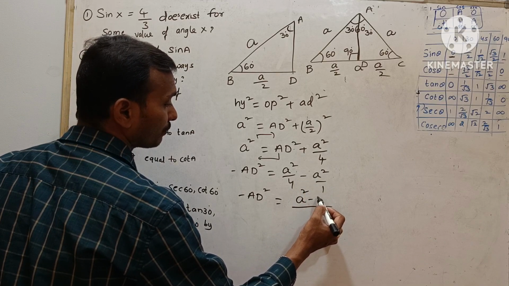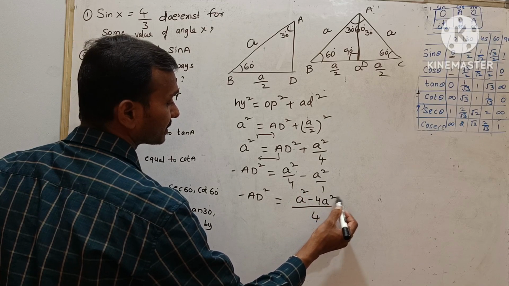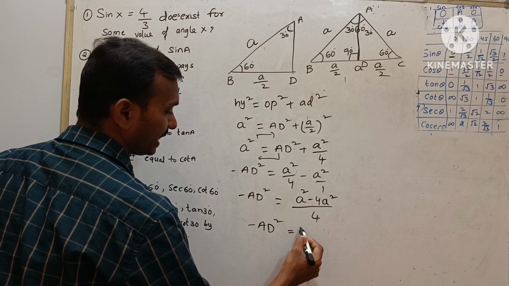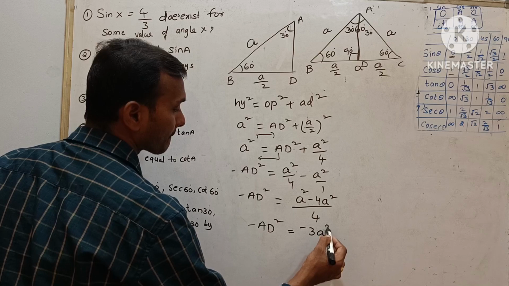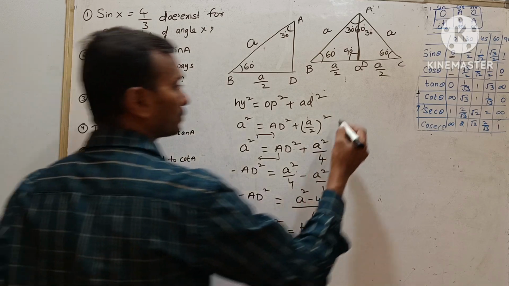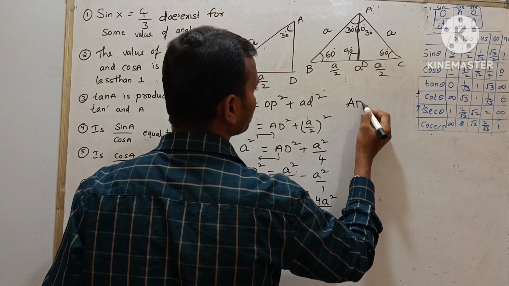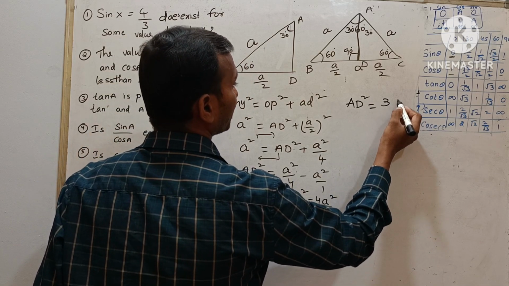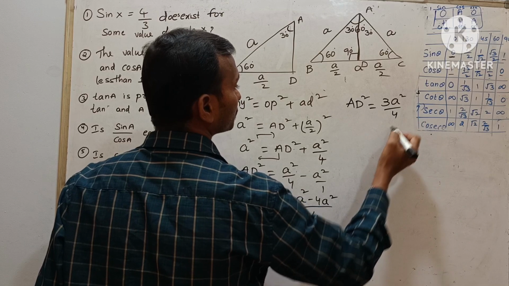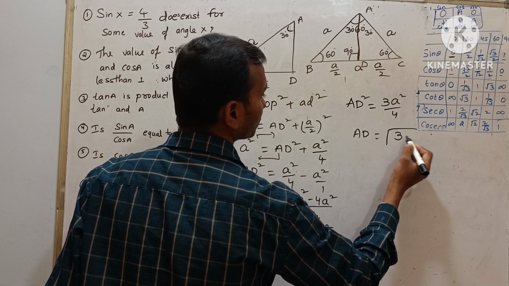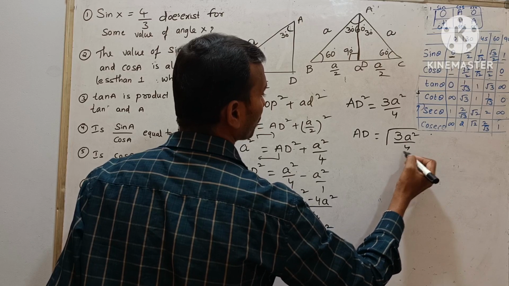Here we multiply with 4, 4A square we will get. So minus 3A square by 4; the minus we can cancel on both sides. So AD square is equal to 3A square by 4. AD is nothing but under root of 3A square by 4.